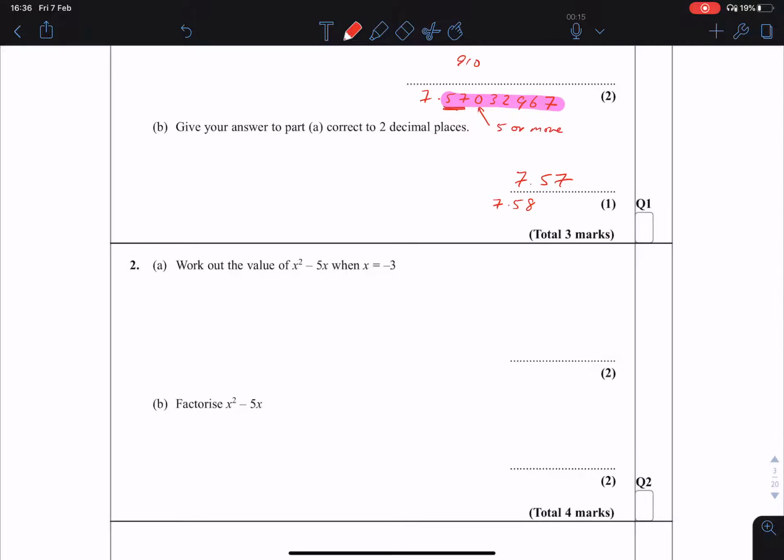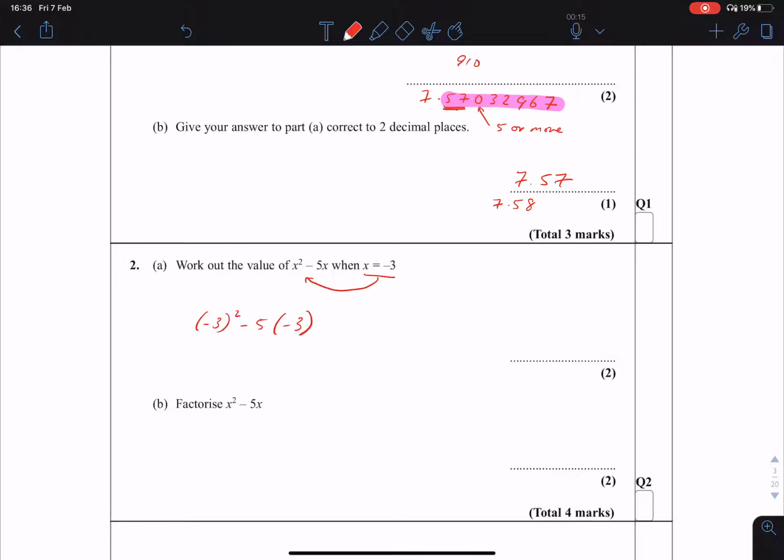Work out the value of x squared minus 5x when x equals -3. Okay, so x equals -3. We're just going to put that value of x into this thing right here, and I'm going to get -3, being really careful with my brackets here, squared minus 5 times -3.